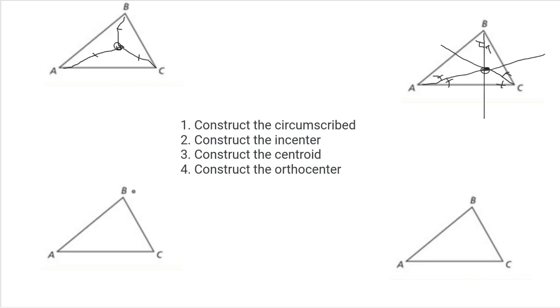Centroid means that I'm going to cut A and B perfectly in half so that these are congruent. It's going to go until it cuts C, and it doesn't necessarily make bisectors. It can, it doesn't have to. Then I'm going to split B and C through A so that B and C are the same distance apart.